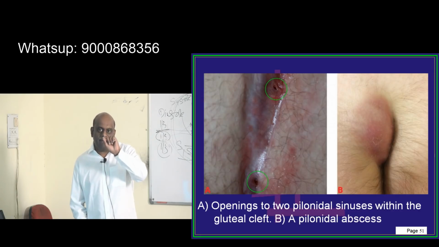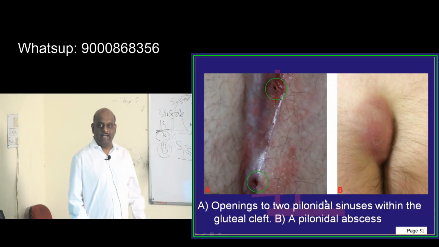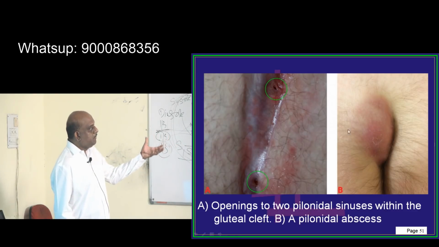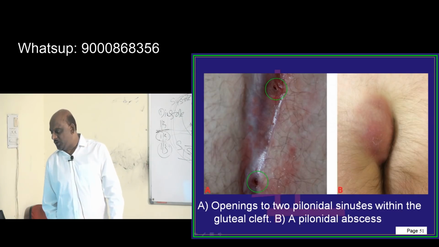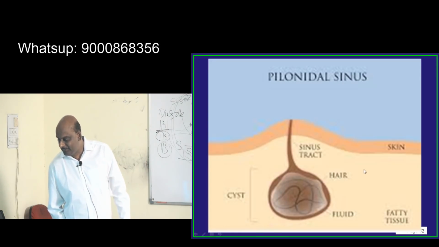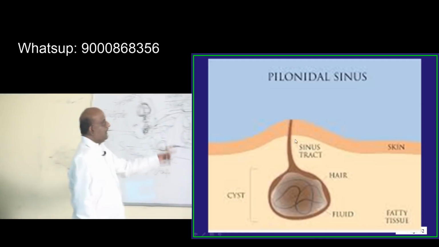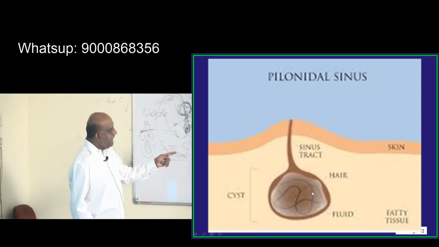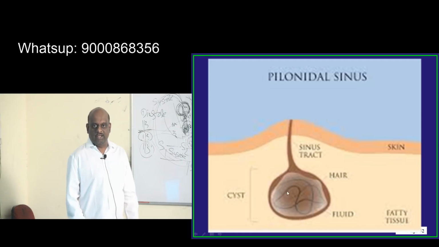Because of that, a small cleft is created in which the hair gets incarcerated, that leads to pilonidal sinus, and that can even get superinfected and lead to the formation of a pilonidal abscess, is what you have to basically remember. That's right, Nikki Arora says Jeep drivers. So this is a sinus tract, this is the hair incarcerated with the cyst and fluid in the adipose tissue underneath the skin of a hirsute male.